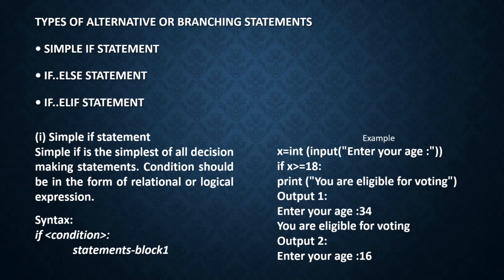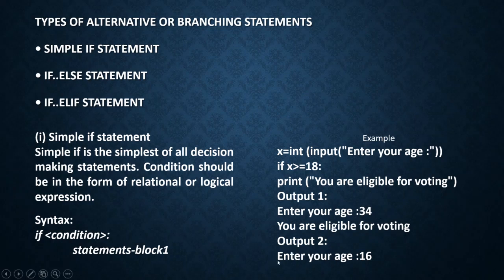The important thing is that only the true statement will be working. Only the true statement will be displayed. There is no false statement, there is no false block. Here in the example, when the age is entered as 34, you get the output: you are eligible for voting.